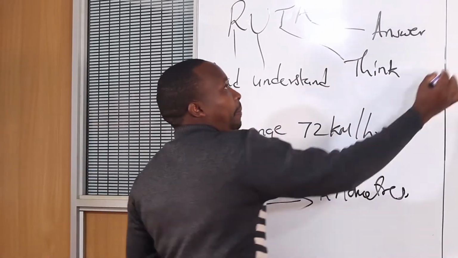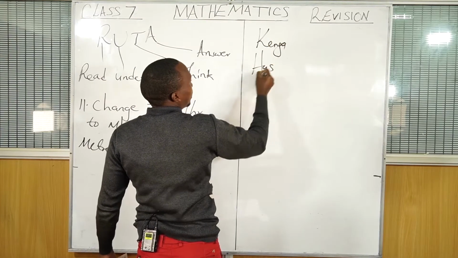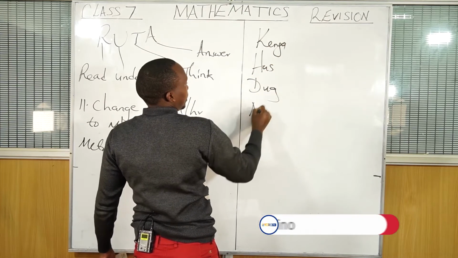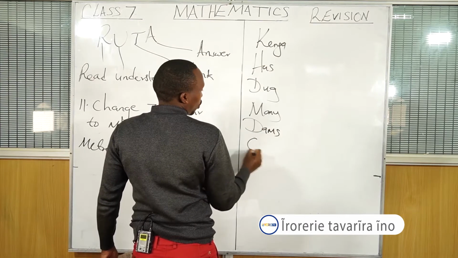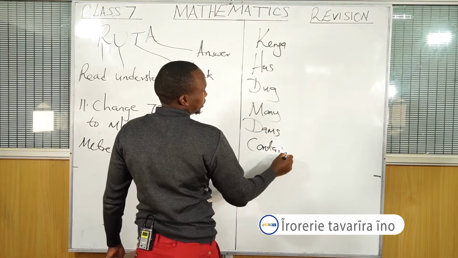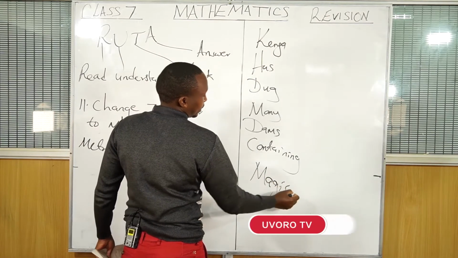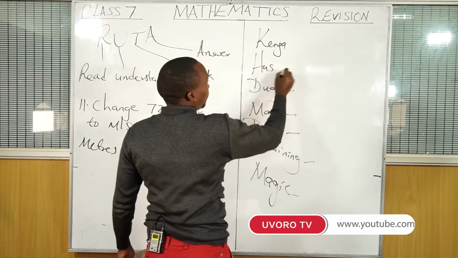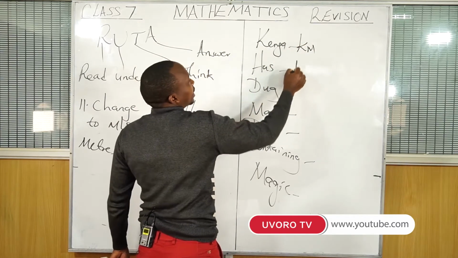using our formula, Kenya has dug many dams containing magic. You are supposed to know this. K is for kilometers.